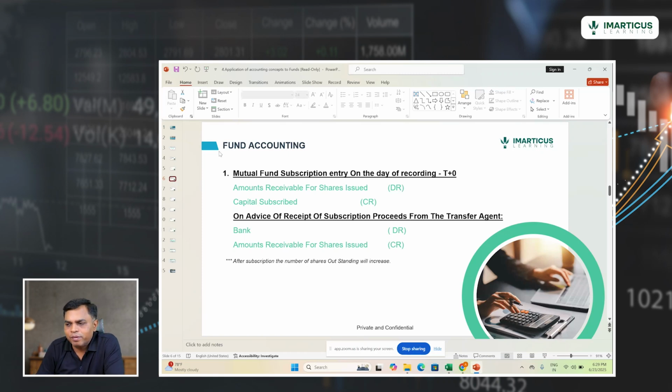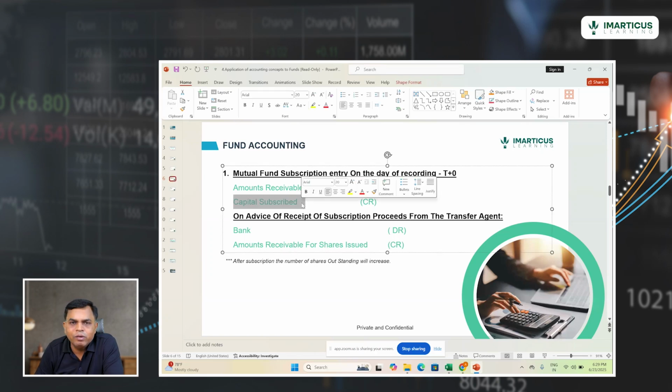On the day of T+0, where the subscription entry is registered with the transfer agent, the entry will be amount receivable debit versus capital. Why do we say amount receivable? The amount is not received, they have just booked the subscription. So we pass the entry of amount receivable as debit, and capital account we credit because that's capital.